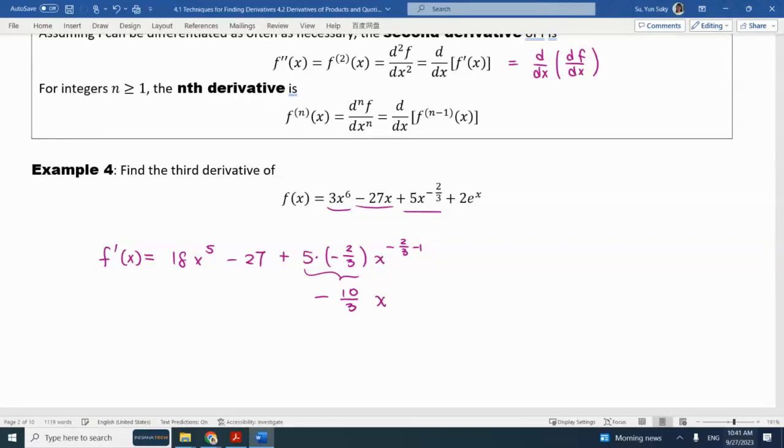Negative 10 over 3. And negative 2/3 minus 1 is? Yeah, very good. And what's the derivative of 2 times e to the x? Yeah, 2 times e to the x. The derivative is itself. Okay, everybody?